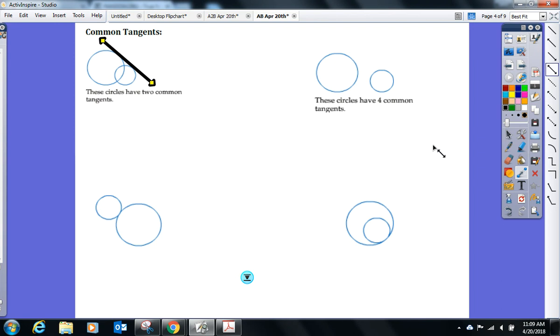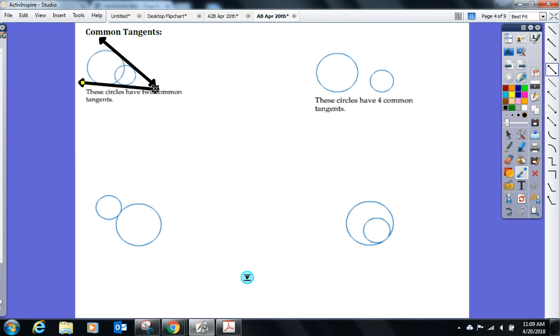But I'm saying there's two of them. Can you find the other one or draw the other one in? And hopefully most of you are drawing it down here. There you go. Okay, so a line intersects the circle in exactly one spot.